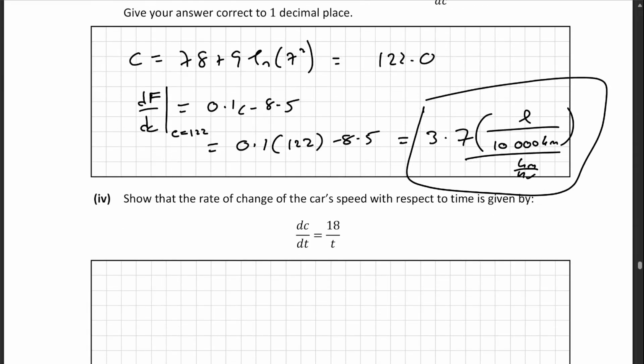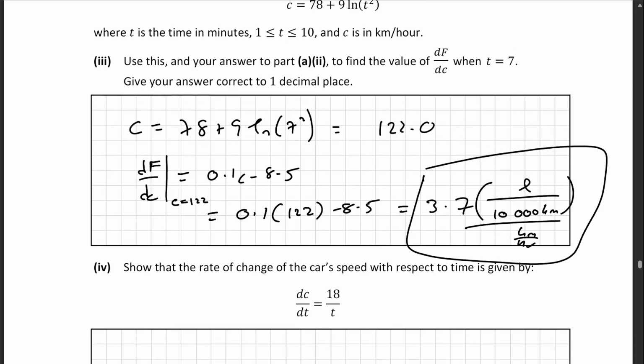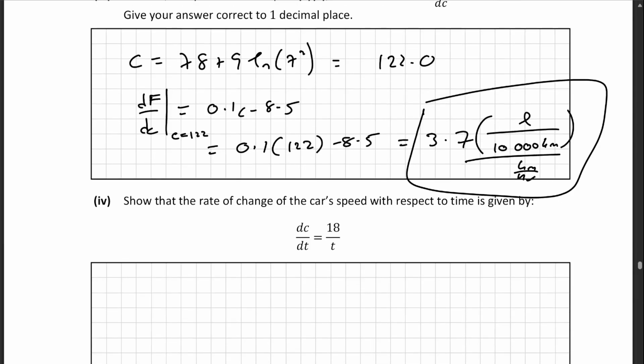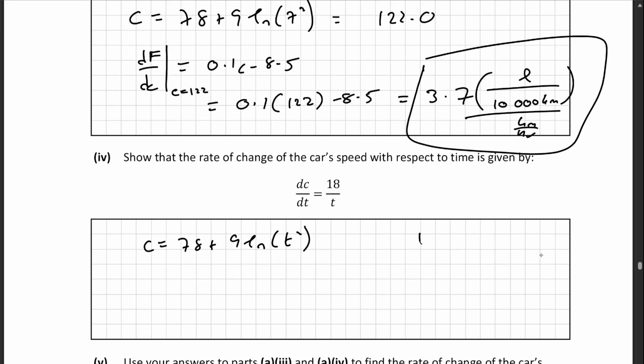Show the rate of change of the car's speed with respect to time is given by that. So dC dt. If C is 78 plus 9 natural log of t squared, then use the chain rule. So u equals t squared, so du dt is 2t.